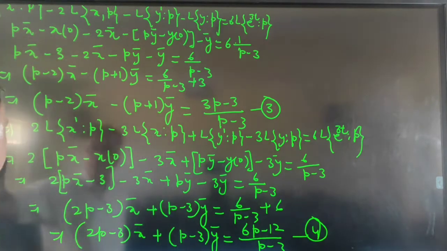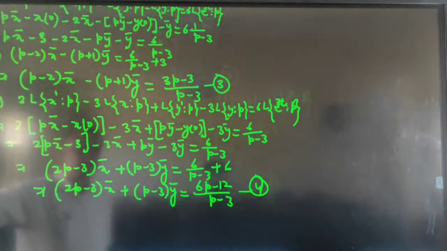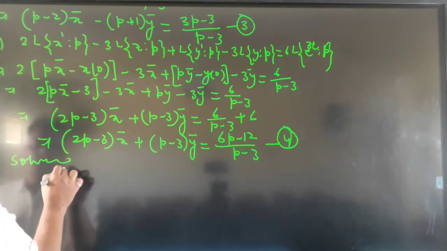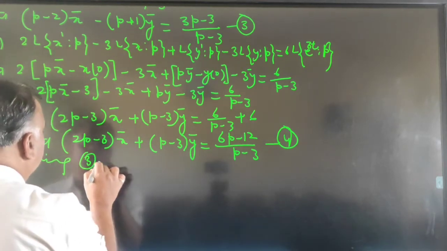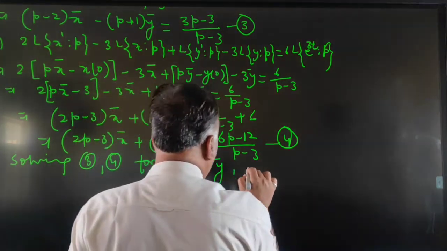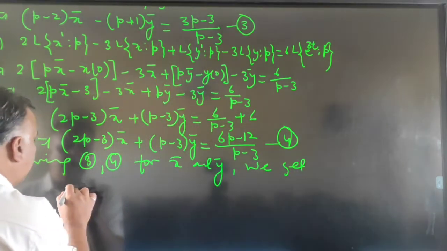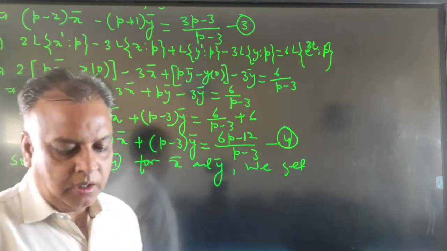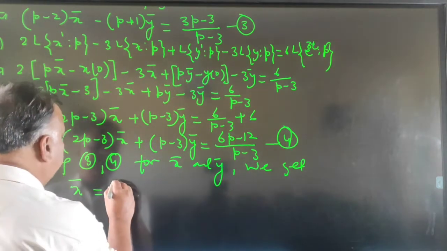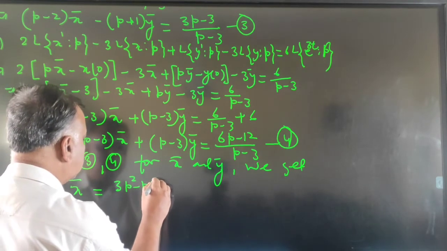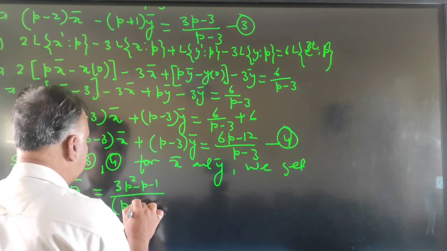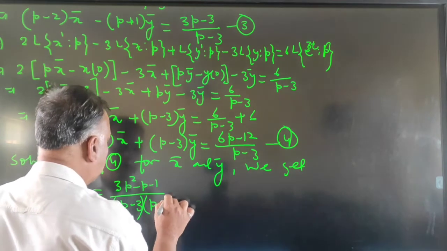So, solving these two equations, 3 and 4, for x bar and y bar, we get the value of x bar as 3p square minus p minus 1 upon p minus 3 into p minus 1 whole square.